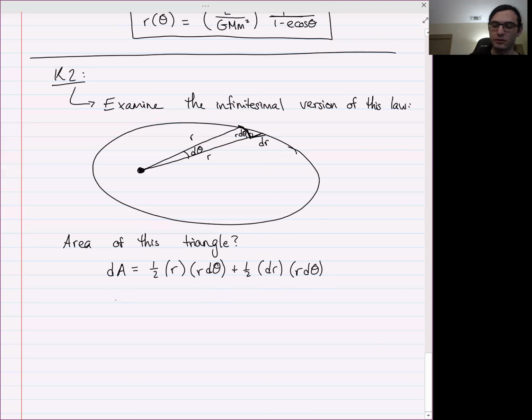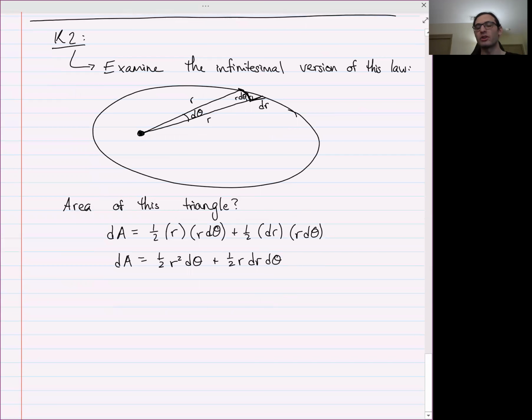And so we can simplify this. This infinitesimal triangle is 1/2 r squared d theta plus 1/2 r dr d theta. Now, let's divide by the amount of time it takes. Well, this is an infinitesimal area, so it'll take an infinitesimal amount of time. So we have dA dt, which is 1/2 r squared d theta dt plus, and now we're kind of stuck, but we have to choose one, so this is 1/2 r dr d theta dt.